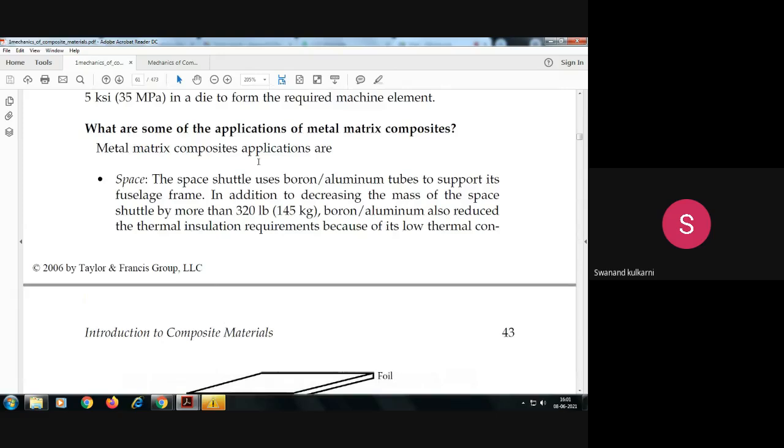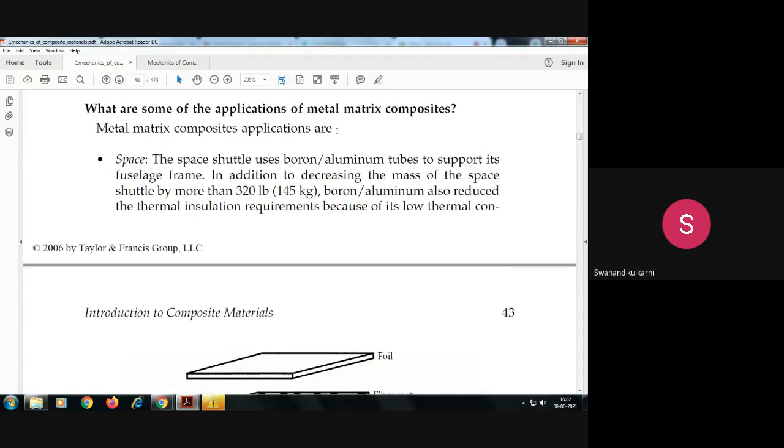Then as far as metal matrix composites are concerned, okay. So we are going to study in detail the manufacturing processes of the polymer matrix composites and metal matrix composites also. But here in metal matrix composites, the manufacturing process is different, applications are also different, because polymer matrix composite has one advantage and one limitation.